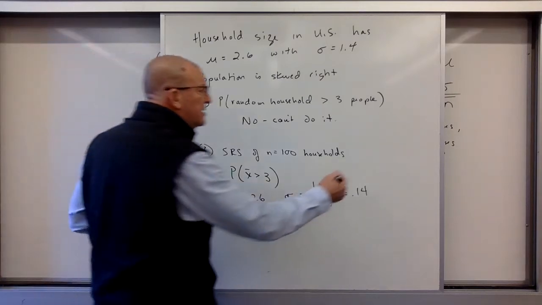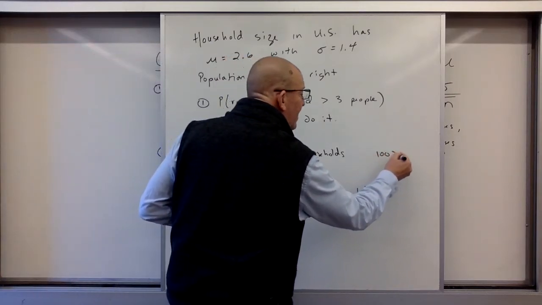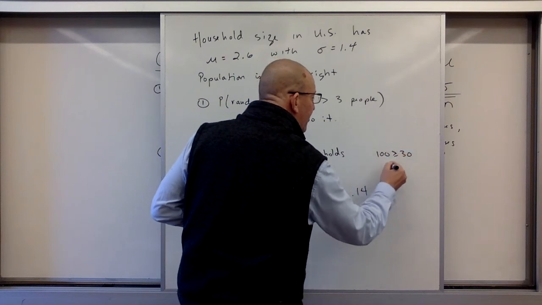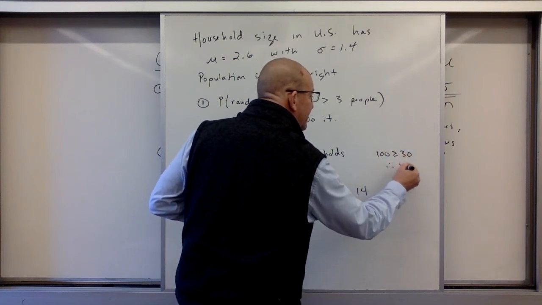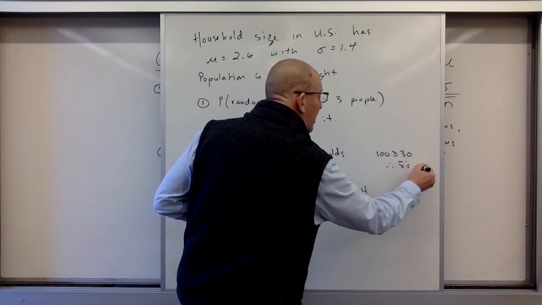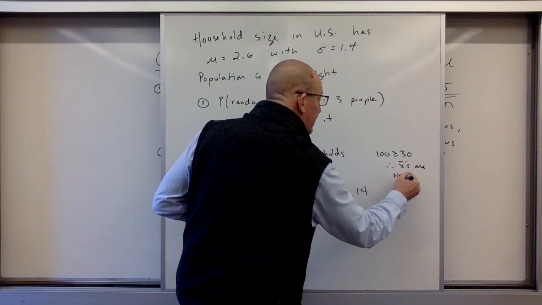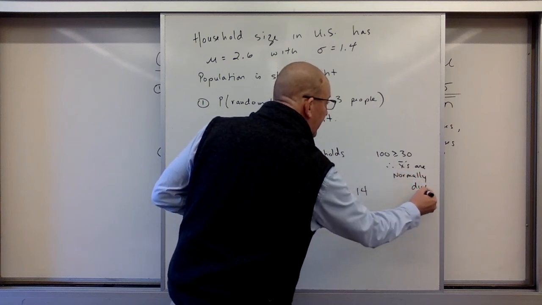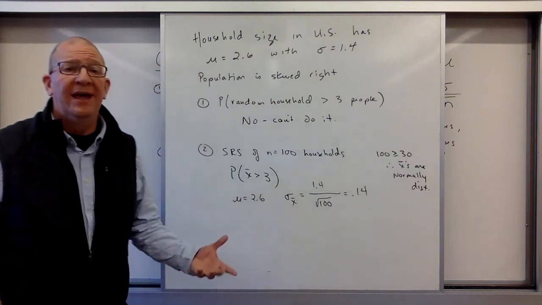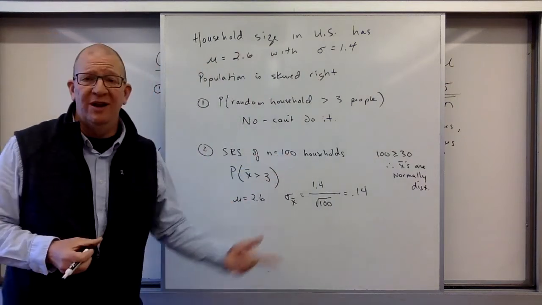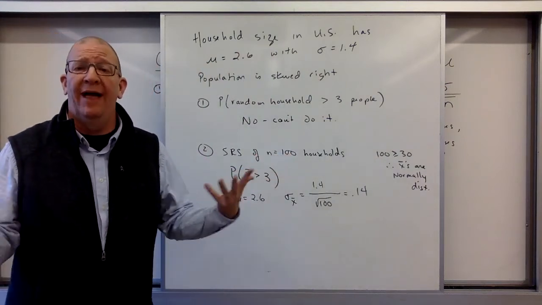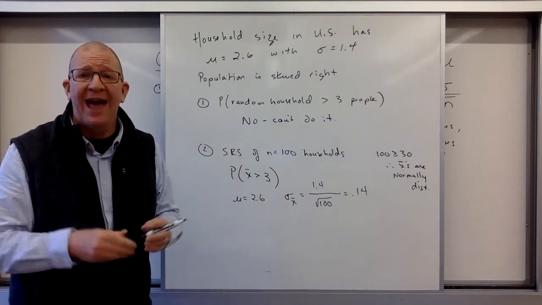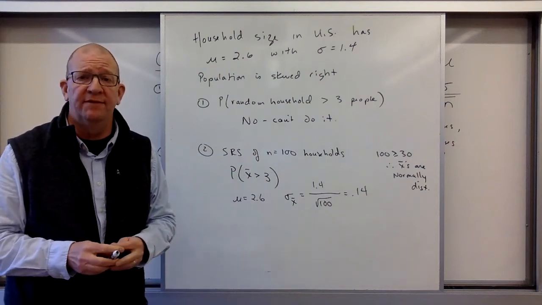Why? Because 100 is greater than or equal to 30. Therefore, the x bars are normally distributed. Boom. And certainly 100 is less than 10% of all households. We always have that caveat, that's back from our proportions.